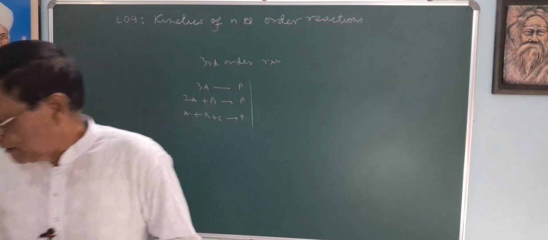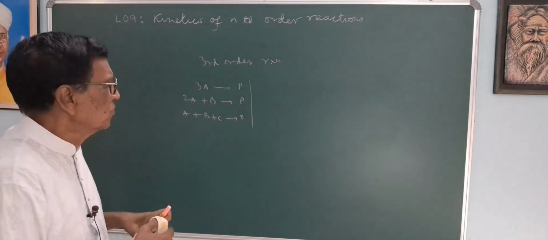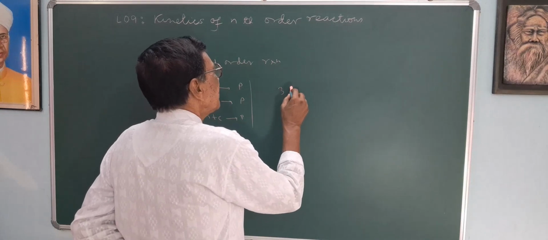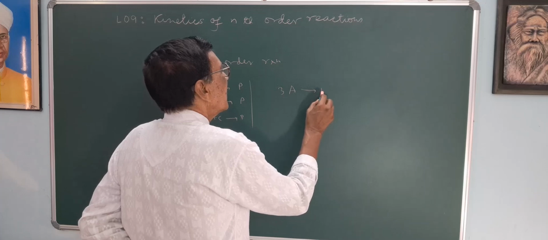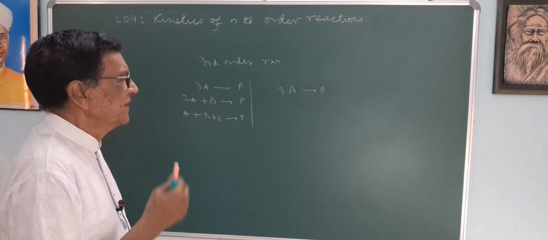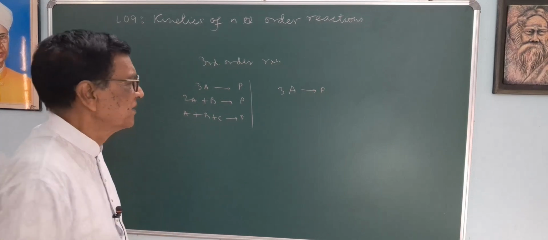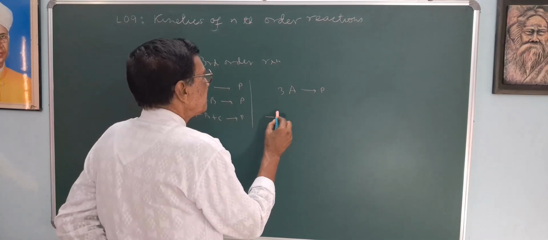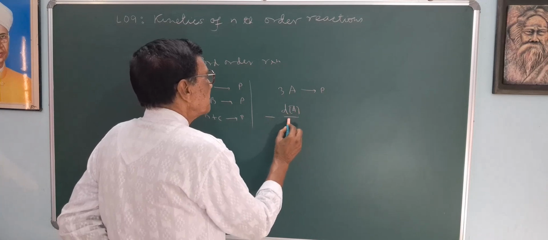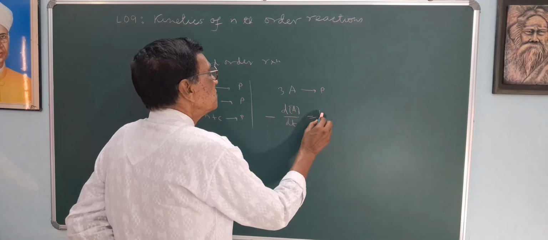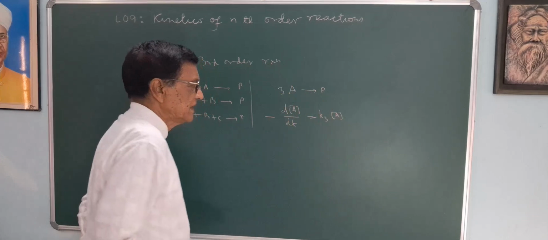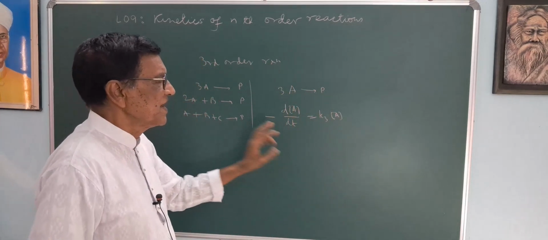So we can write 3A gives the product. The rate equation in terms of this reactant is minus d[A]/dt equal to K3 into [A] cubed. It is the rate of this reaction.